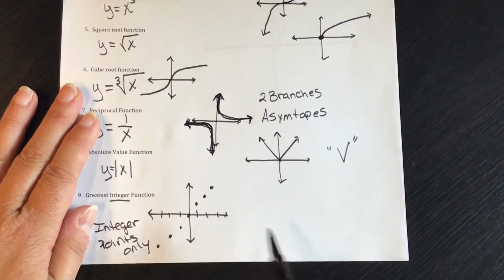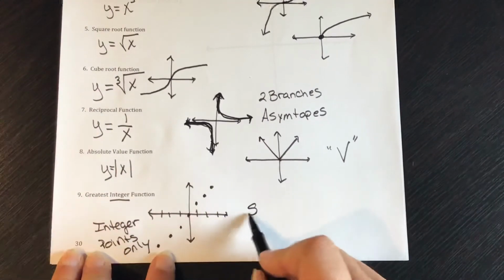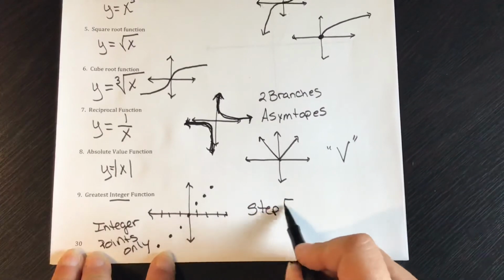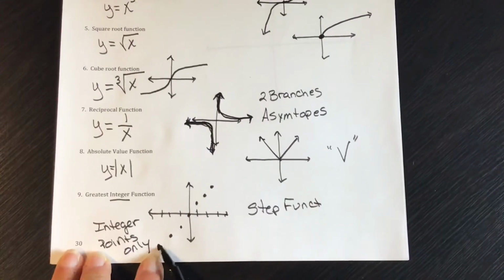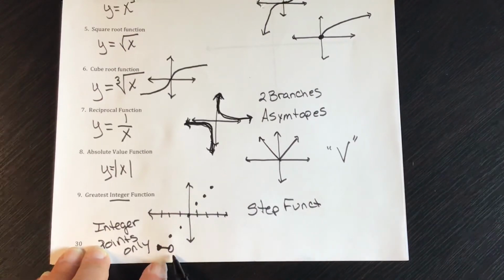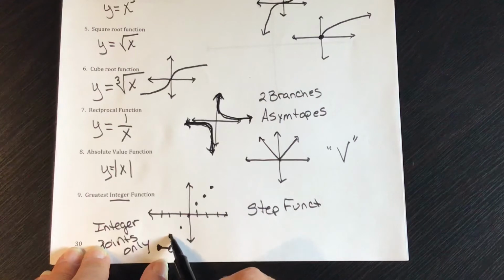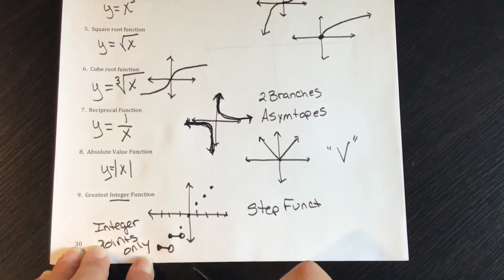And I'm going to add a little bit to this because there's also a function called a step function, which starts with integer values, and it includes the numbers in between until you get to the next integer, and then you have an open circle. And then you move up and you have a closed dot on the integer and over to the right until you get to the next integer and there's a closed circle.